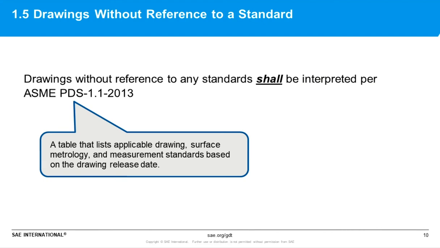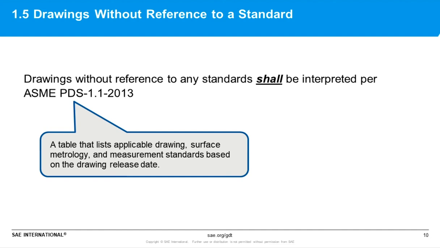And then let's talk a little bit about drawings without reference. So there's a new standard. It's not really new. It was first published in 2013, the ASME PDS standard, Product Definition Specification Standard. And in that standard, it states that if there is an older drawing that doesn't have a reference to any standard at all, then you would use this standard to help provide guidance in which standards should apply to it.